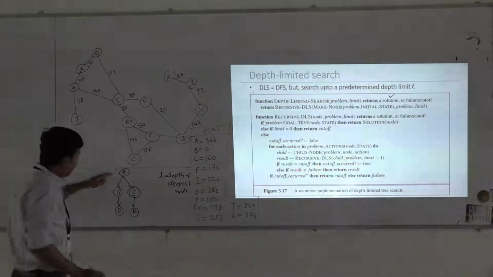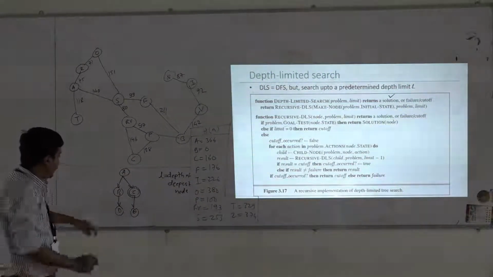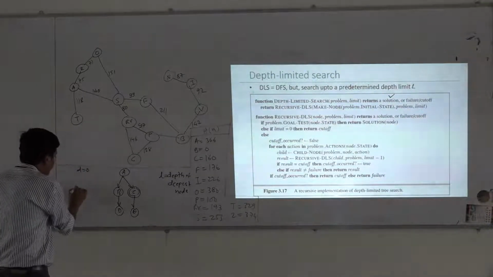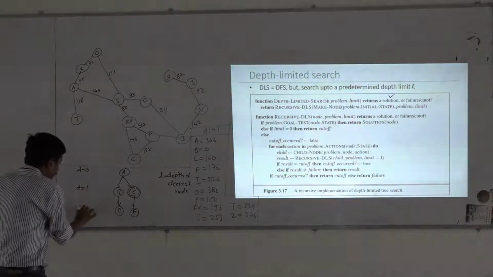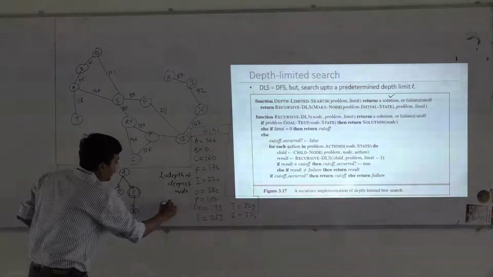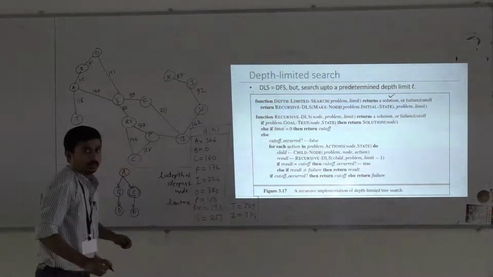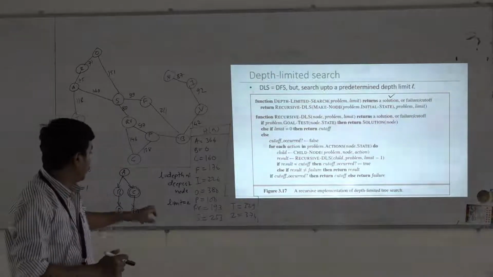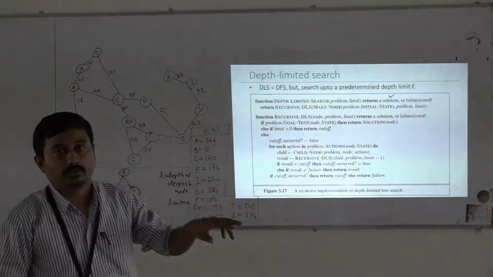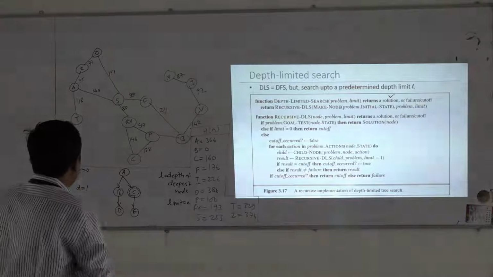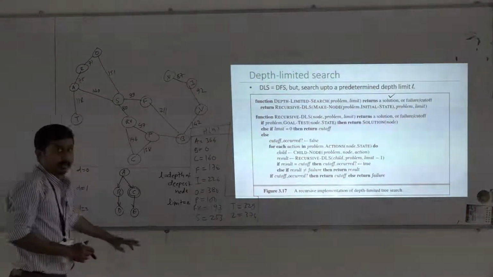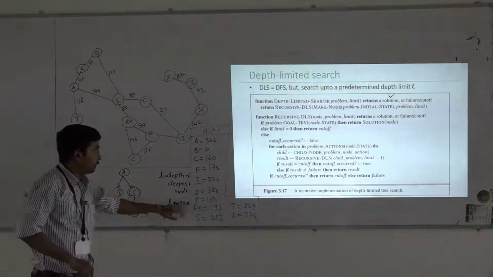Here the deepest node is D and its depth is 2, so you have to set the limit value for this example as 2. If you set the limit value to the depth of the deepest node, you ensure that it will search the entire tree. So we have set the limit equal to 2.